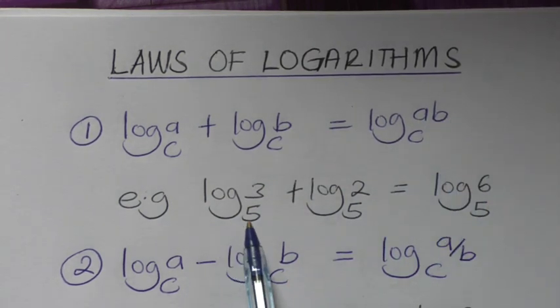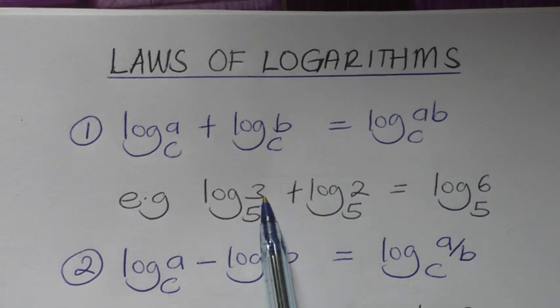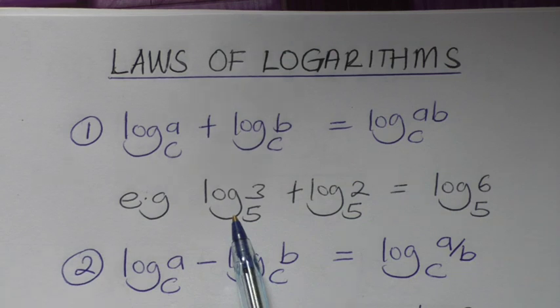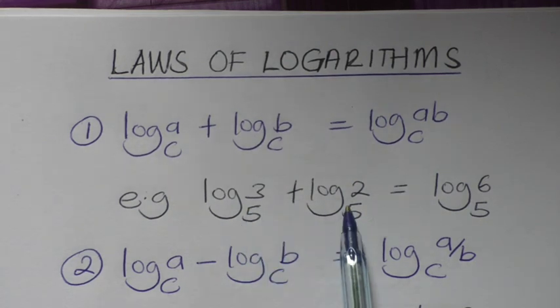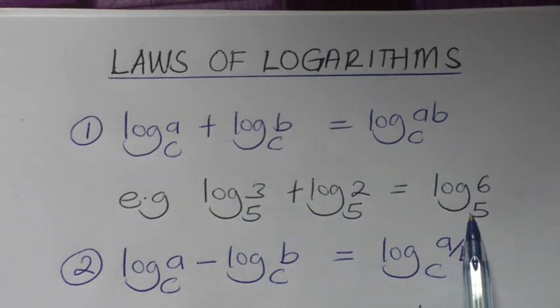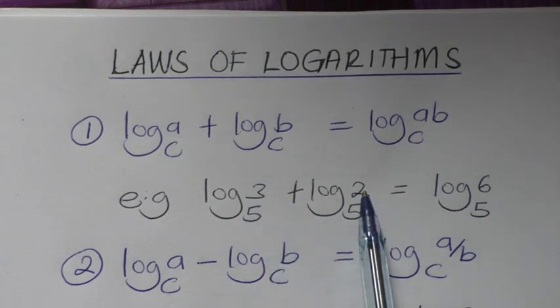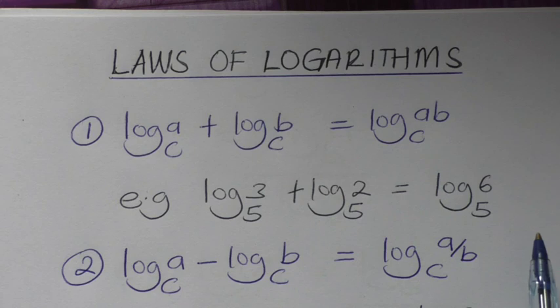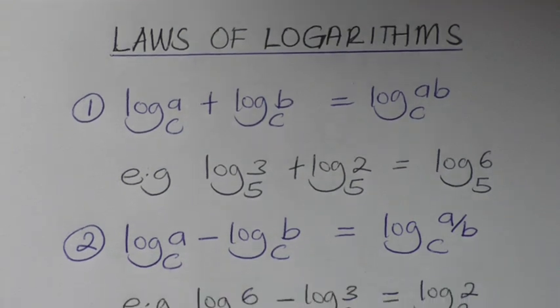E.g., I have log 5 power 3 plus log 5 power 2. So since the logarithms are the same, I'll take 1 and simply multiply the powers to get log 5 power 6. That is the first law talking about addition.